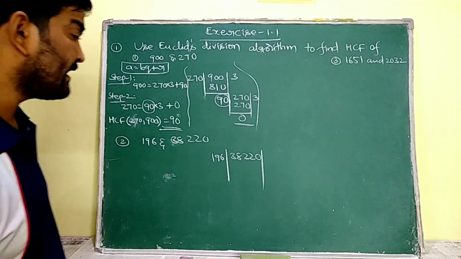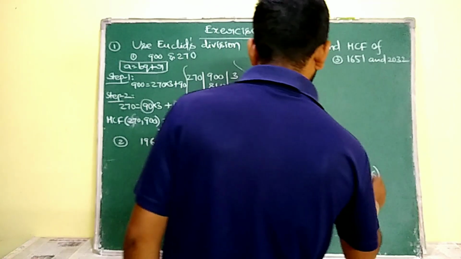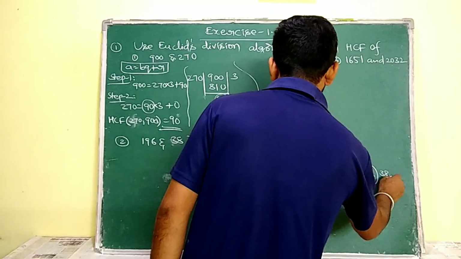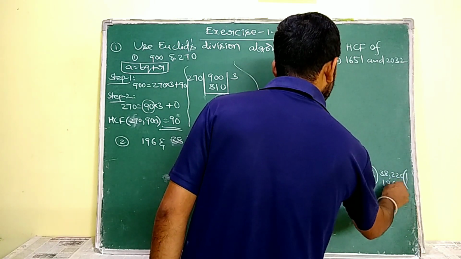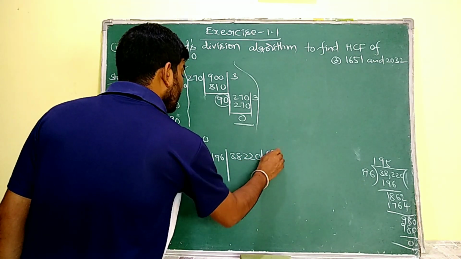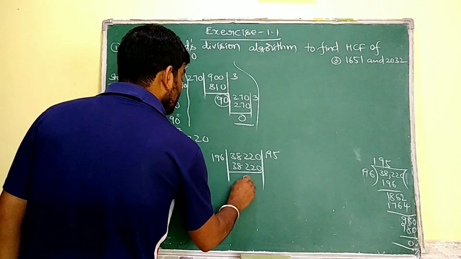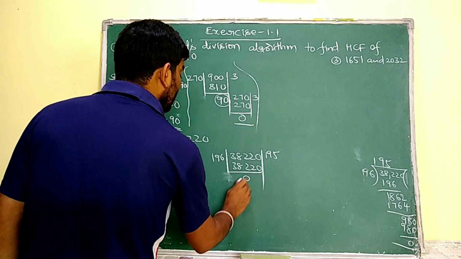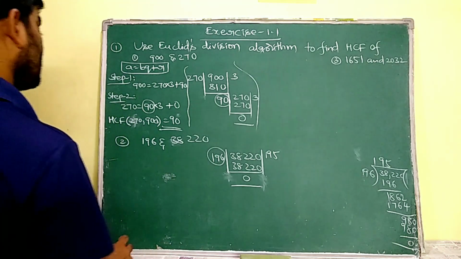If I don't know that 196 table directly, then do the actual division to this 38,220. 196 ones are 196. So 196, 195s are 38,220. So here the remainder is 0. Here we obtain the remainder 0. So this 196 is known as HCF.